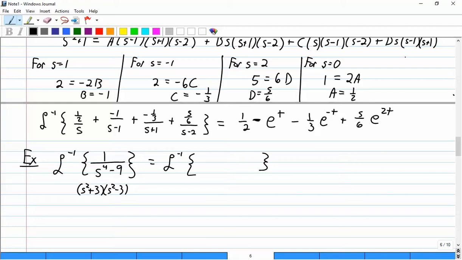Can that be further factored? Can you go out on a limb and say yes? What do you think you would do? Would you split it up? Could you say that's s minus the square root of 3 and s plus the square root of 3?